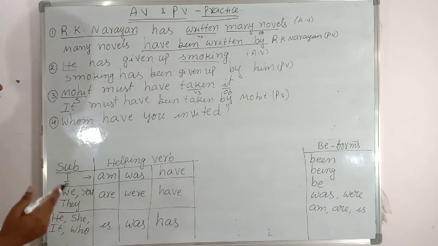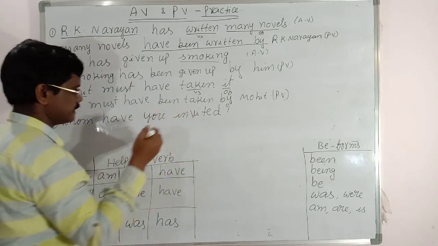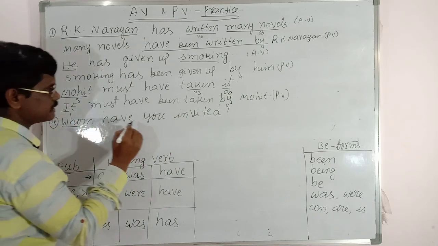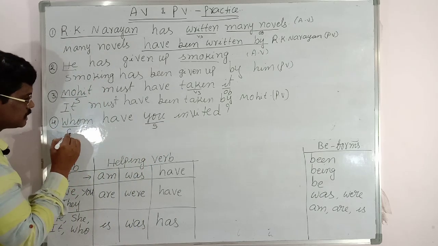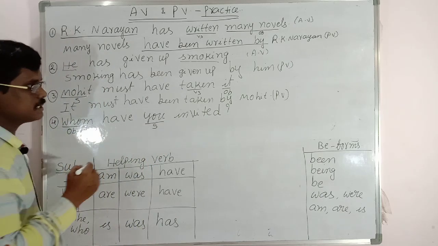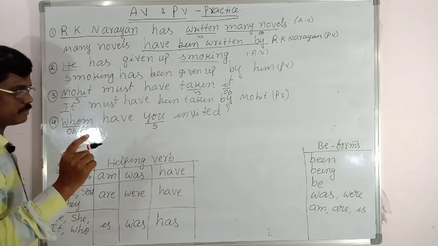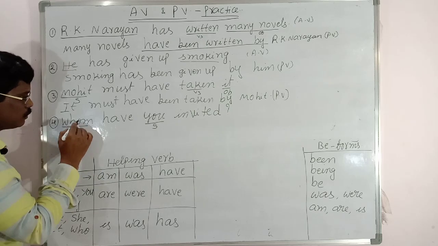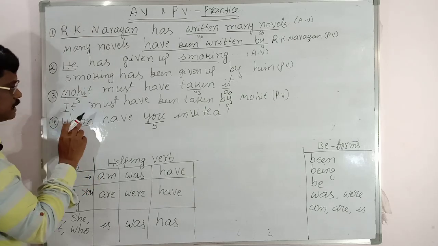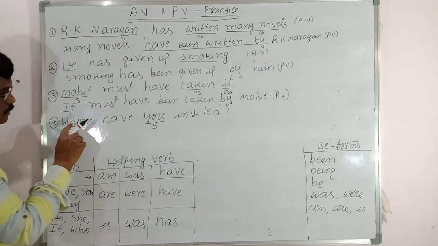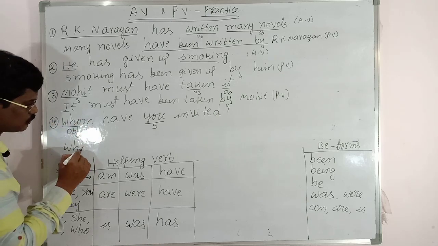Now let us see another sentence. Very, very important. Whom have you invited? Here actually in this sentence, you is the subject. Whom, this is the object. Because it is a question, so here it is the object. While changing who or whom, they remain at the same place. So here whom, already I told you, whom changes to who.